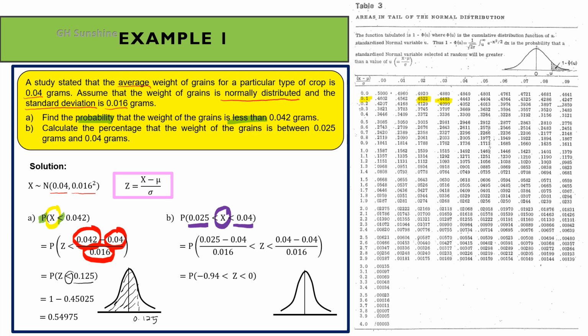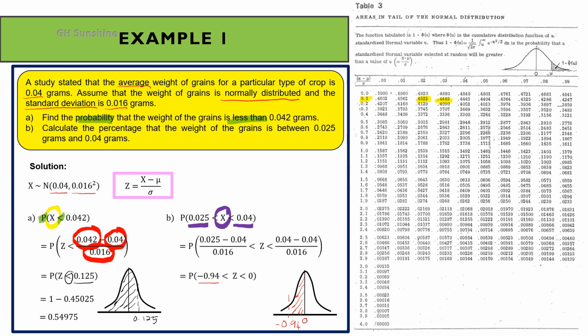So where is the shaded region? So 0 here, then negative 0.94 to the left. So the shaded region is here.